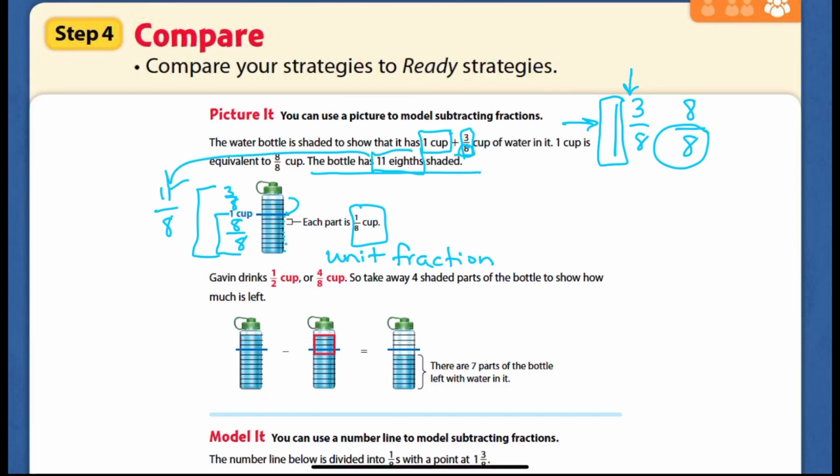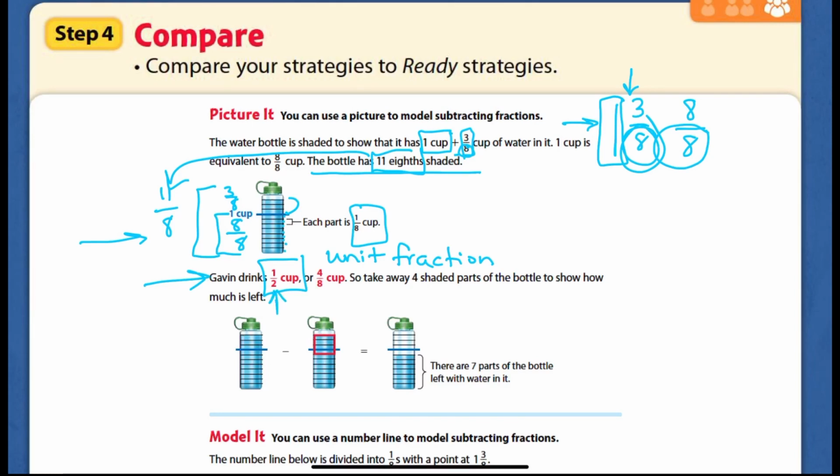It says Gavin drinks 1/2 cup or 4/8 of a cup. So we have to remember that if we are adding or subtracting, we need common denominators. So we're working with 8s up here, right? All of these are 8s. It said he drank 1/2 of a cup.